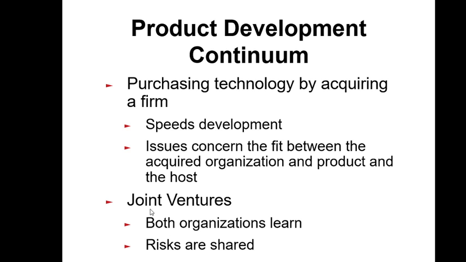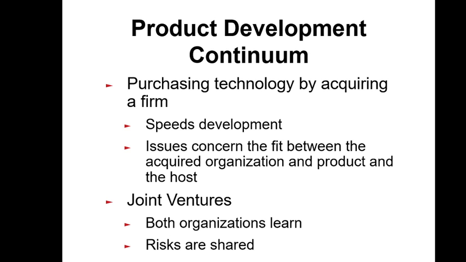Also, we have another external development strategy, which is the joint venture. In a joint venture, two companies make a venture together. We have Sony Ericsson as a joint venture company, for example.